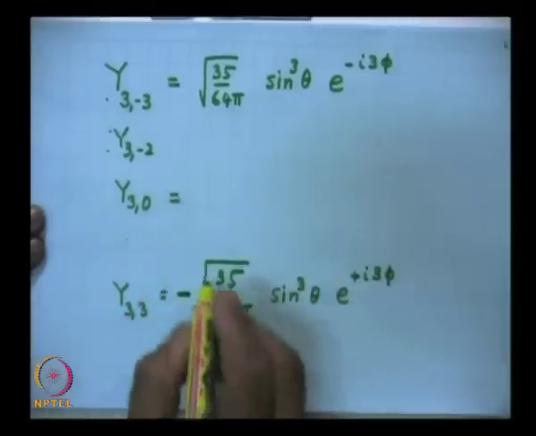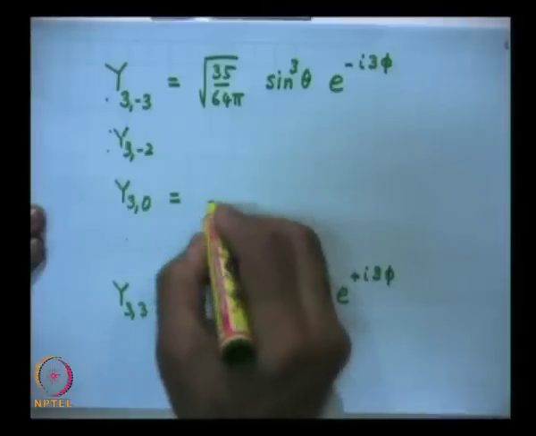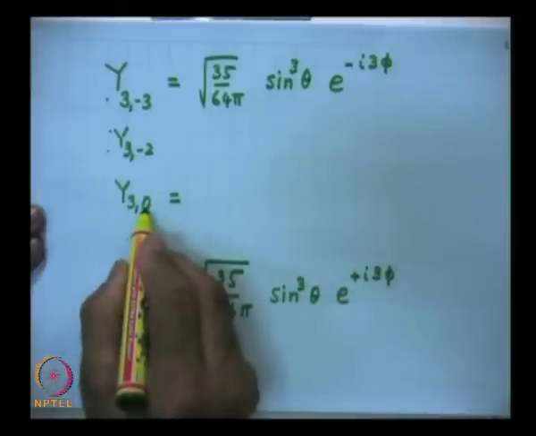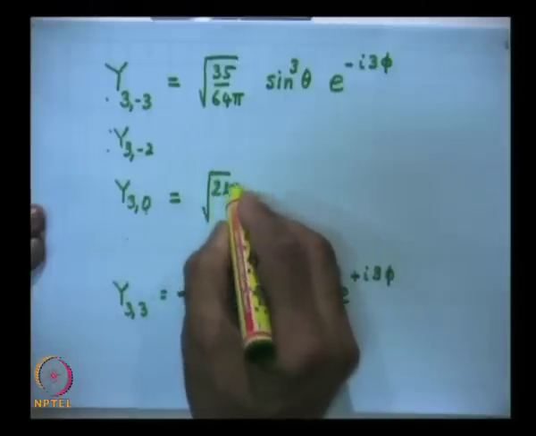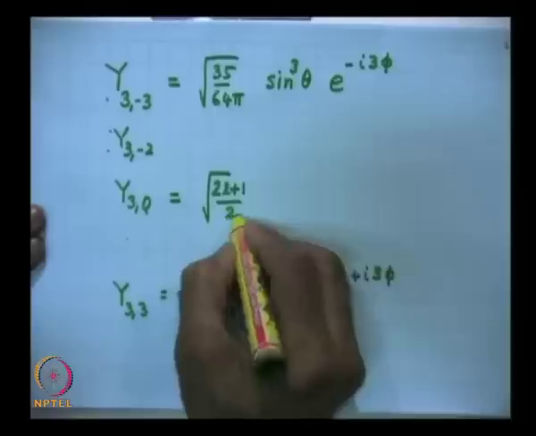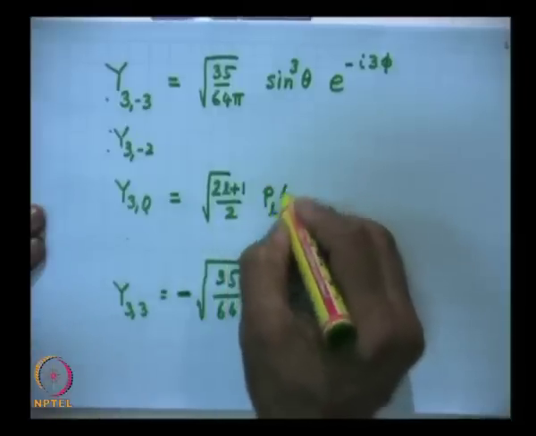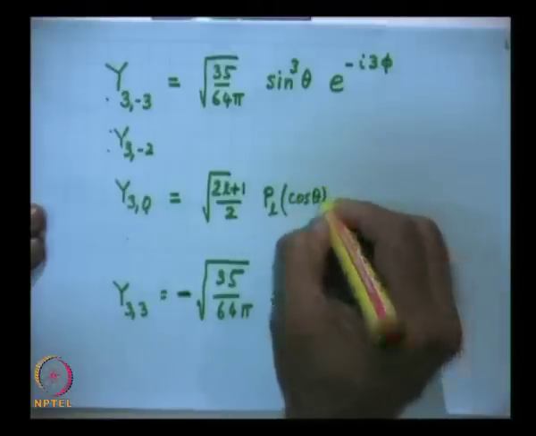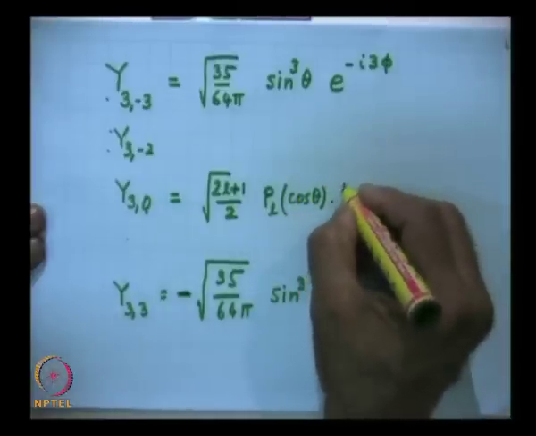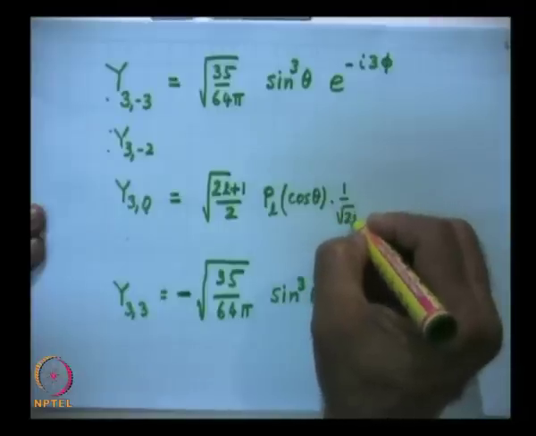And if you use the L plus 1, then what you will get, for m is equal to 0, will be under root of 2L plus 1 by 2, P L of cos theta, multiplied by 1 over root 2 pi.